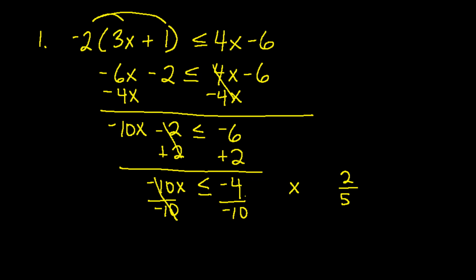Basically, we could divide the top and bottom both by -2 to simplify that fraction all the way. We need to keep in mind that when we divide both sides by a negative, the direction of this inequality will change. So the answer is x is greater than or equal to 2/5.